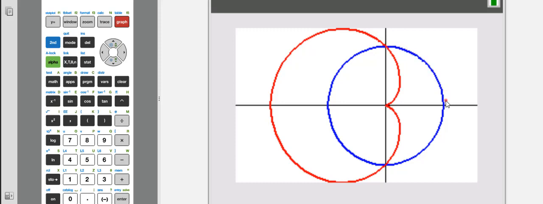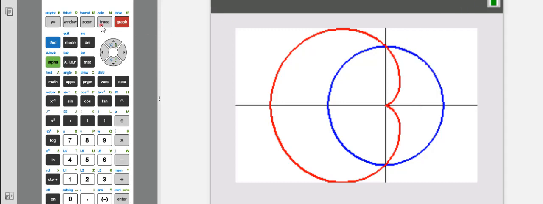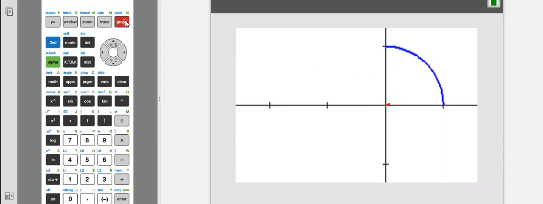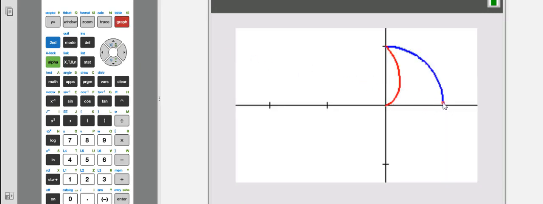So let's just graph 0 to pi over 2 and see if we get the graph that we want. So we're going to go to window, and let's go to 0 to pi over 2. And that's exactly the graph that we wanted. So we got our alpha and we got beta. Alpha is 0 and beta is pi over 2.